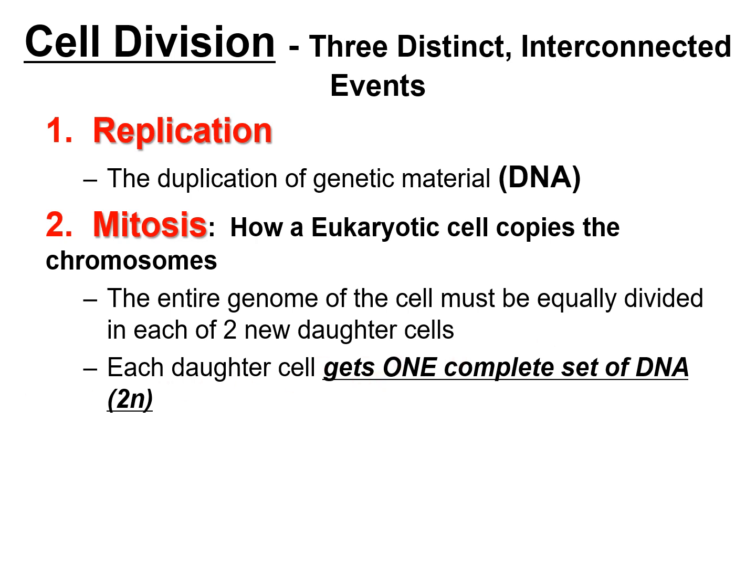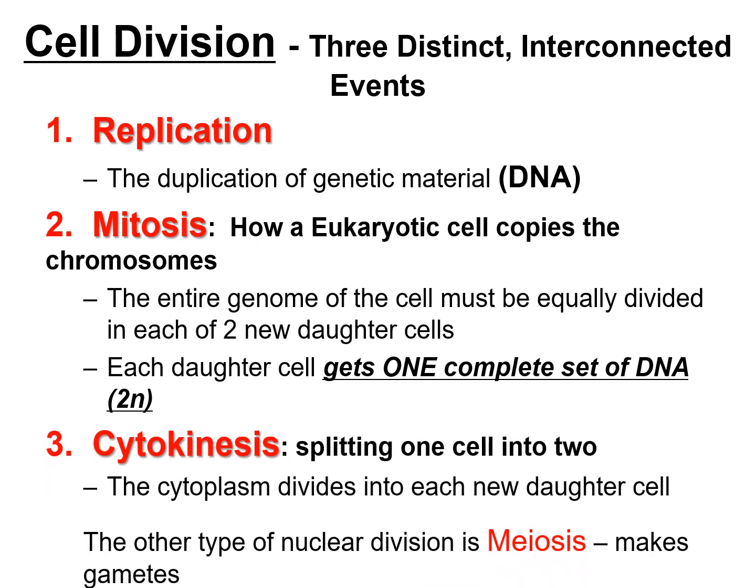We have to actually physically separate the cells. And so that's step 3. It's the actual bifurcation of the cell into 2 new daughter cells, hopefully with the appropriate amount of genetic material. There is a second kind of division out there that we see, and it's called meiosis. This is for reproductive cells, the gametes, sperm cells or egg cells.